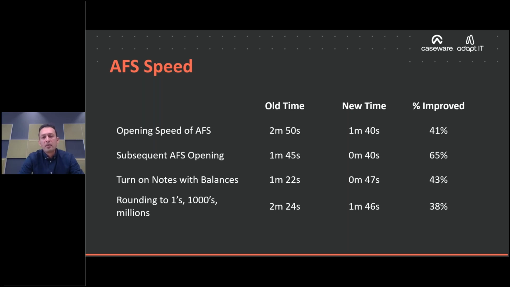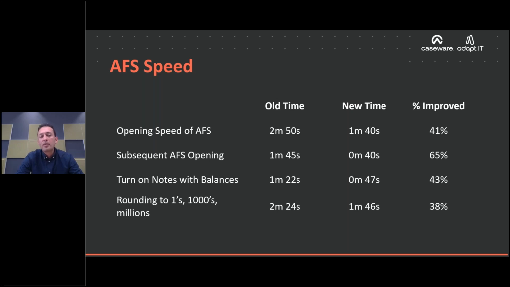So the first major speed improvement that you should look to receive is when you open the financial statements for the first time, we run a few extra steps, particularly reapply formatting. And we used to get a time of about 2 minutes and 50 seconds, and now we're on about 1 minute 40 seconds.